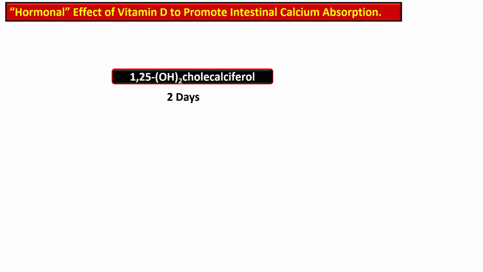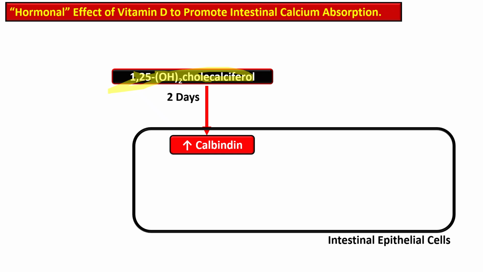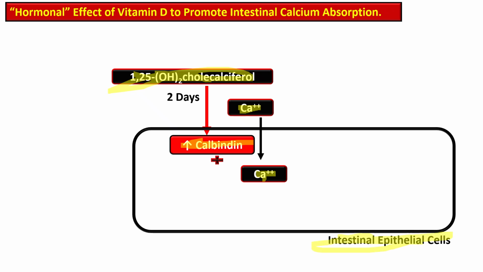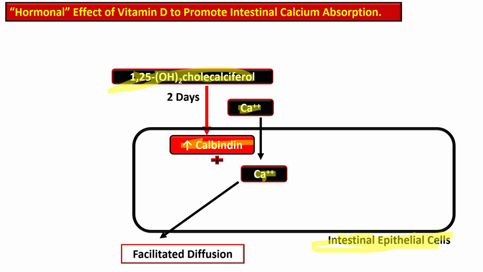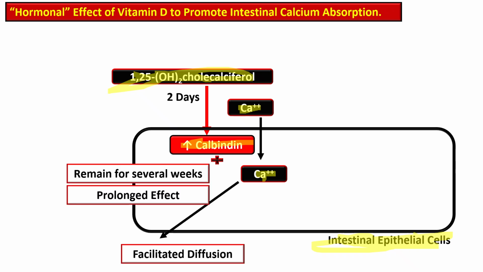1,25-dihydroxycholecalciferol, that is the active form of the vitamin D, has got some hormonal effect also. It increases the production of calcium binding protein, calbindin, and this calbindin causes the increased transport of the calcium from the intestinal extracellular fluid to the intestinal epithelial cell, and then there is facilitated diffusion of this calcium into the body.